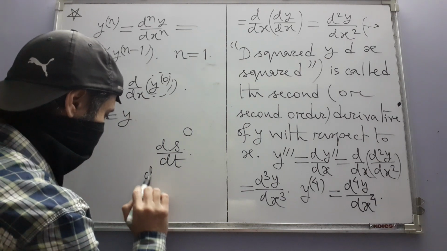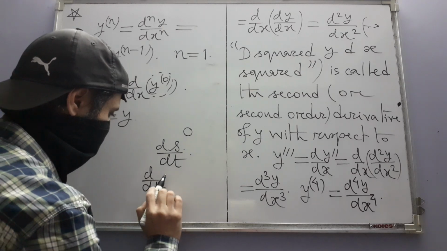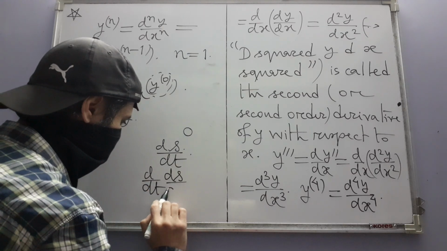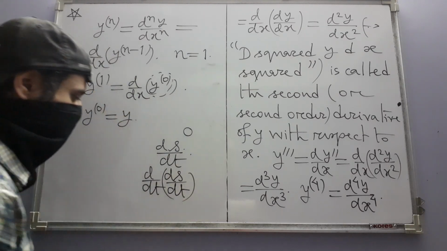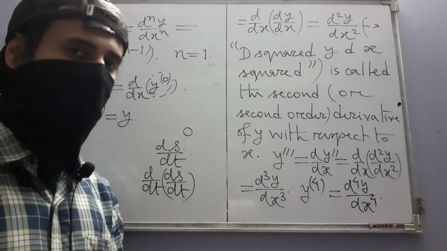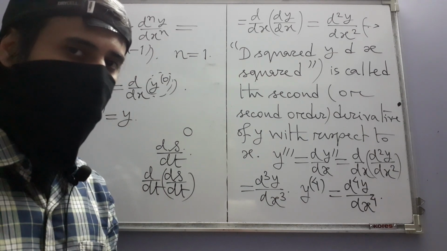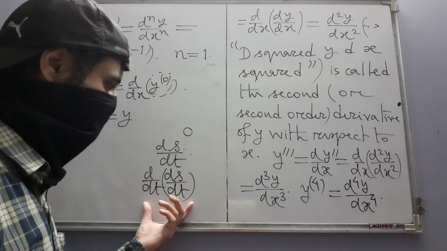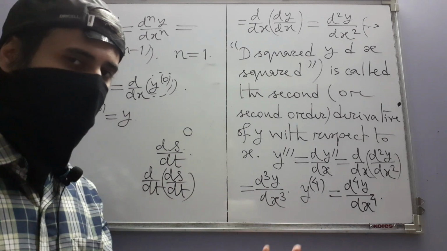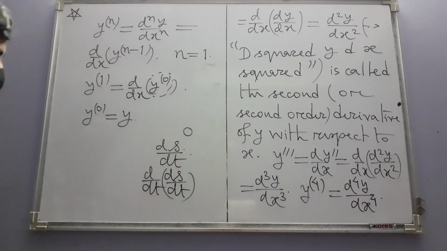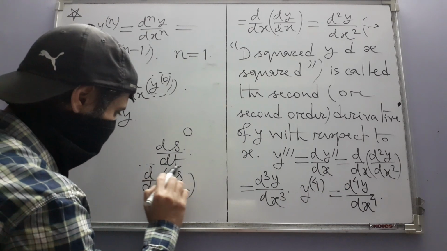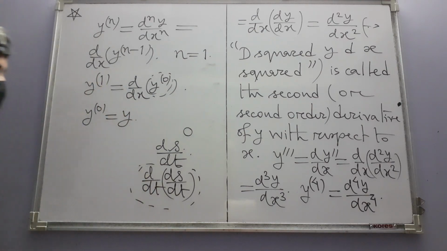If you differentiate this once more, you get the magnitude of acceleration. And that's how, with this quantity, you have your Newton's second law and other things. Okay. So you already know these things from application.